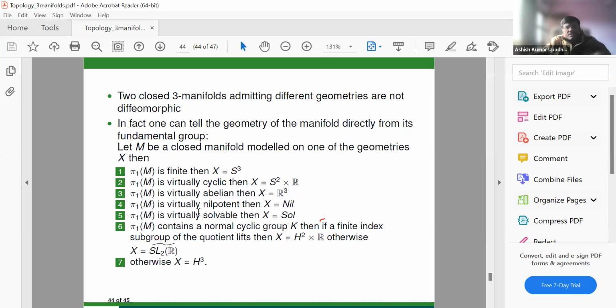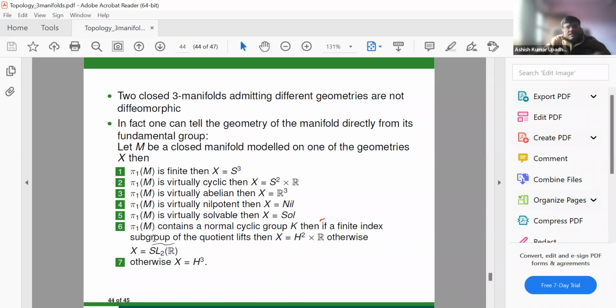There are some conditions if it is virtually nilpotent. So there are conditions on the fundamental group, except in case 6, in which we have two subcases where the space will be either H2 cross R or SL2R tilde, the simply connected part using the special linear group.